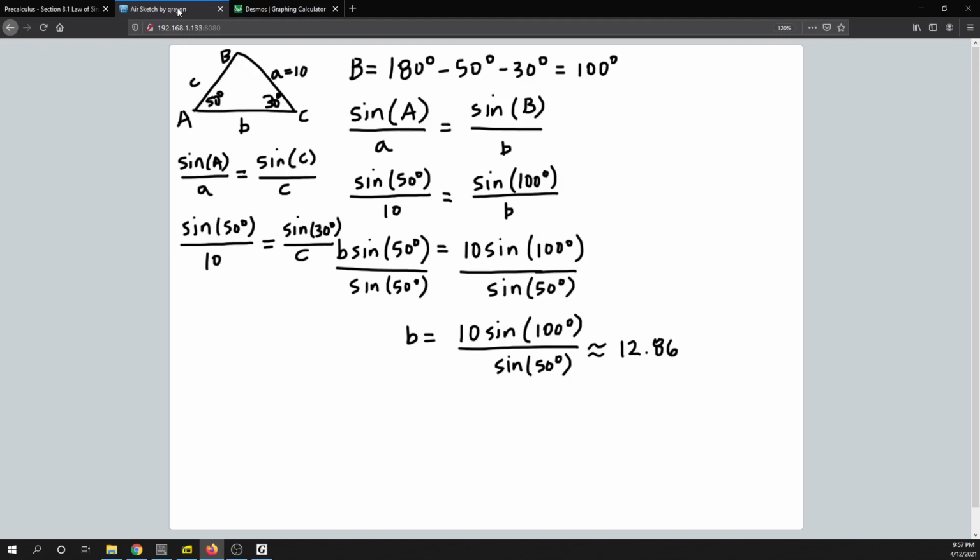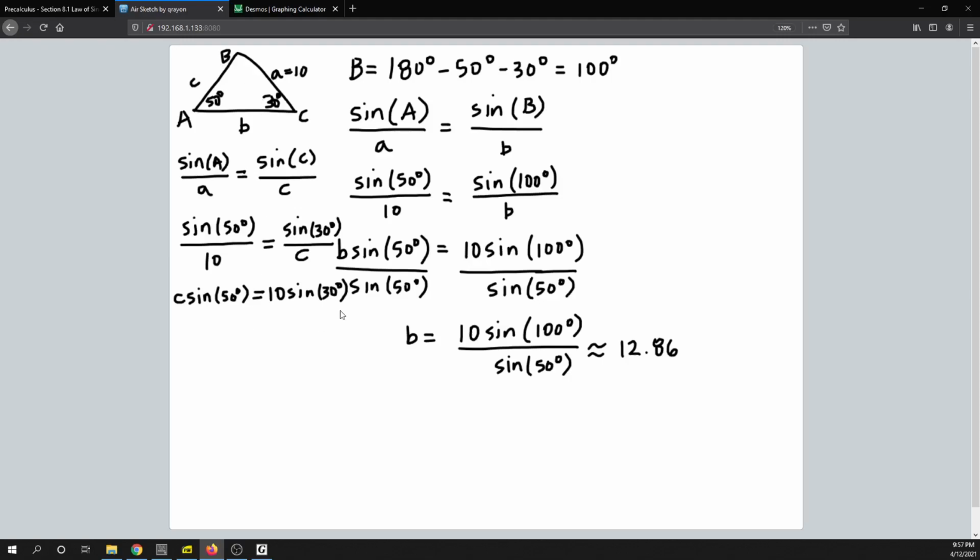All right, and so we can solve that by cross multiplying. So that'd be c sine 50 degrees equals 10 sine 30 degrees.